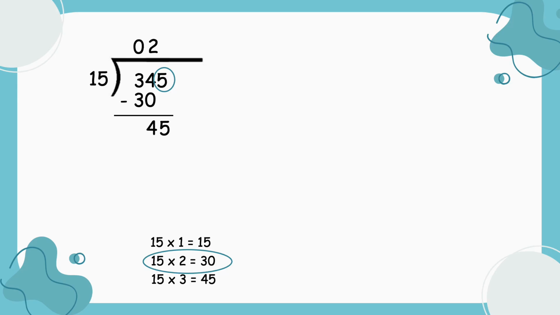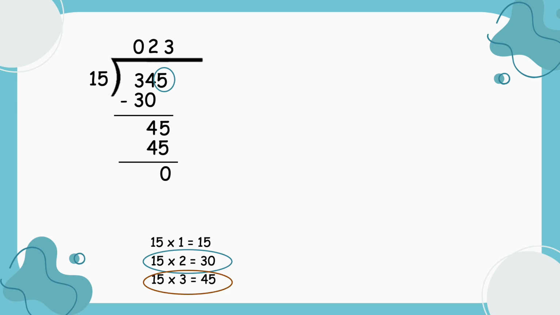We said already that 15 times 3 equals 45, so the answer is 3. Put 3 beside 2. Then subtract 45 minus 45 equals 0. So the answer is 23.